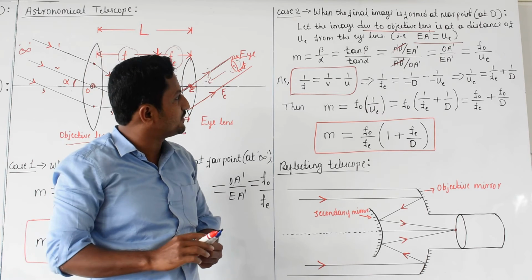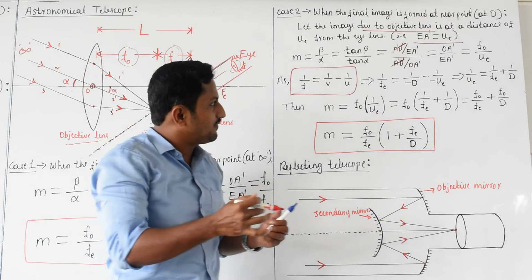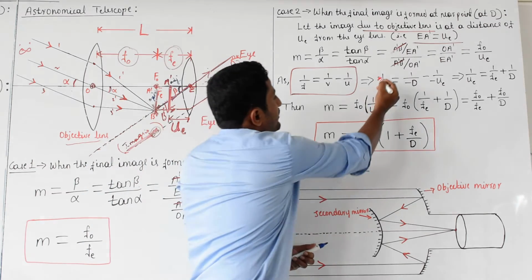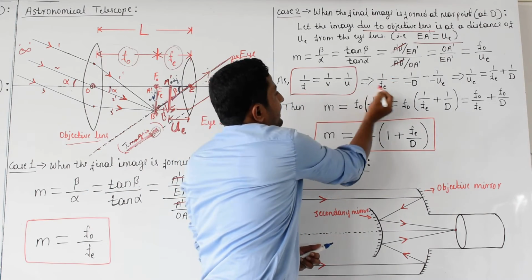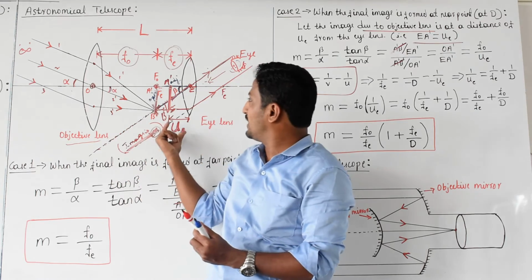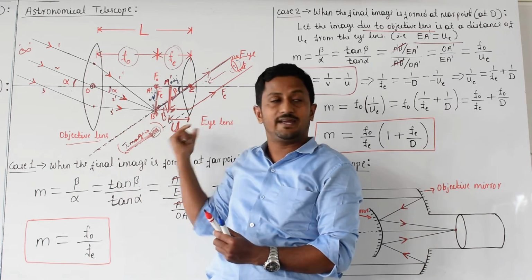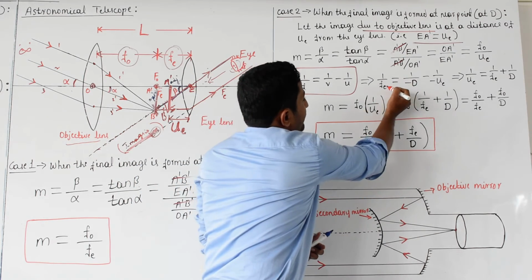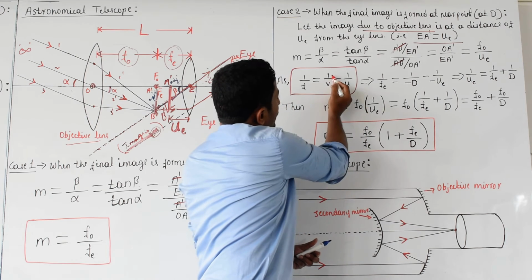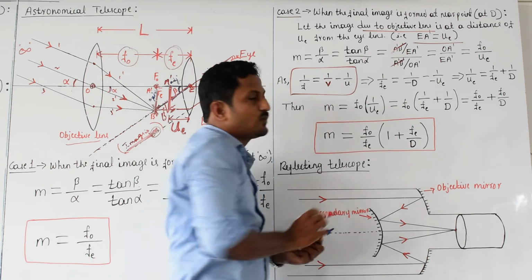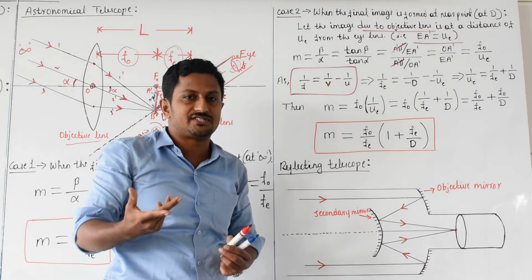Now, what are we going to do? 1 by, in place of F, I have written FE, because we are talking about this eye lens. 1 by FE equals 1 by v. v is what? Image distance.